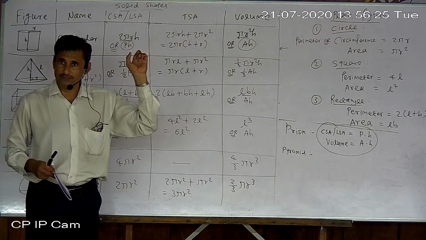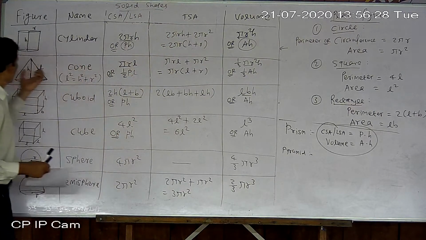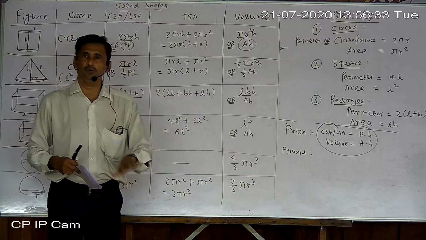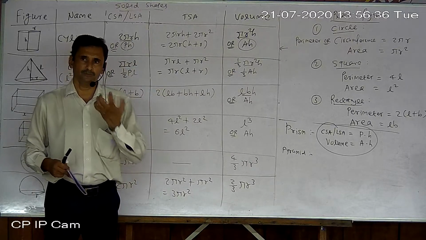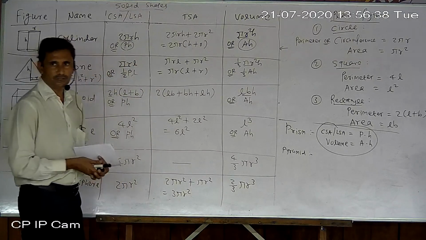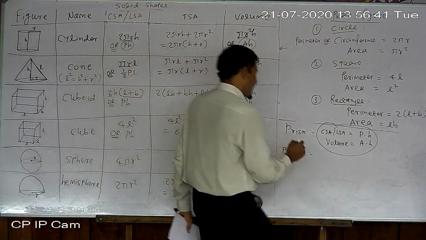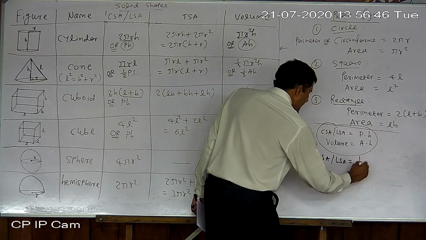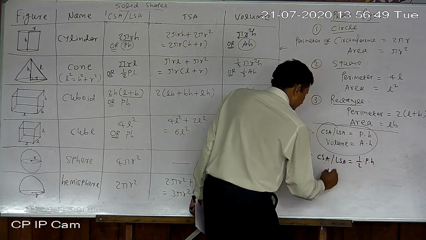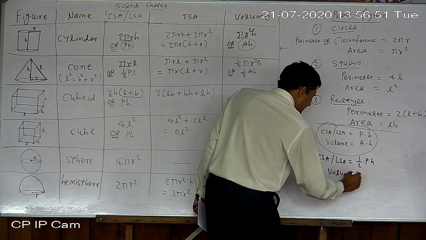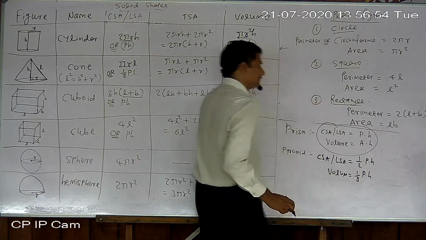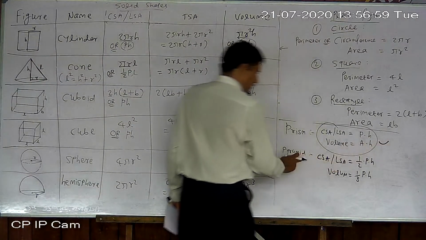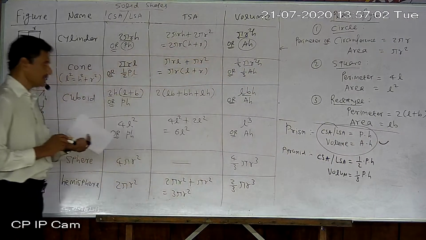So a pyramid means no top surface, only the bottom is there. At the top only one point is there. So they are different in this sense only. Here you can write CSA or LSA is equal to half into P into H, and volume equal to 1 by 3 into A into H. Okay, this is important now. Actually there is one set only of this type, but now we concentrate on prisms only.